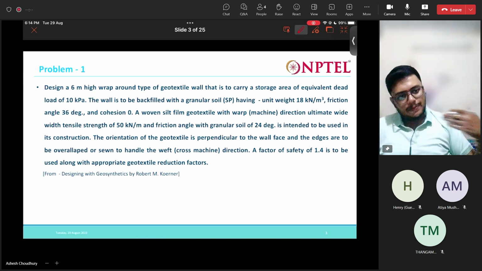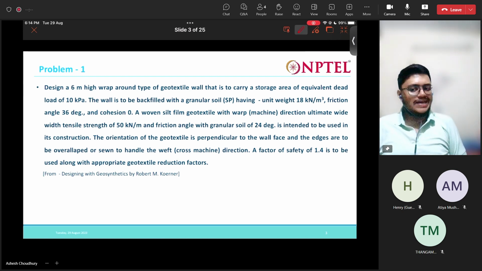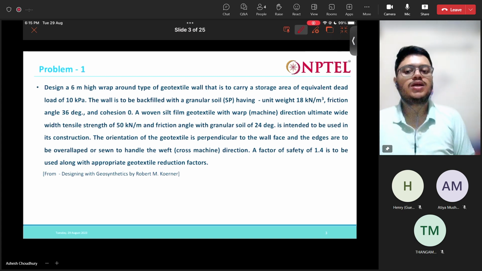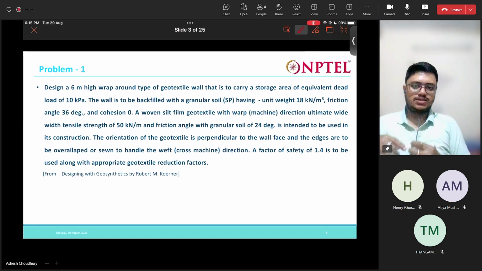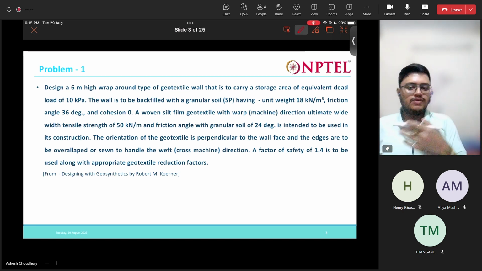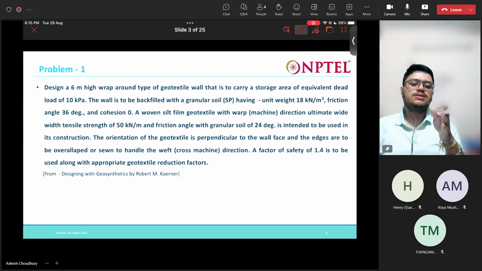Along the warp direction, a wide width tensile strength test was conducted, and that test gave a tensile strength of 15 kN per meter. Obviously the geotextile gives two strengths in two perpendicular directions, one in the warp direction and the other in the weft direction.